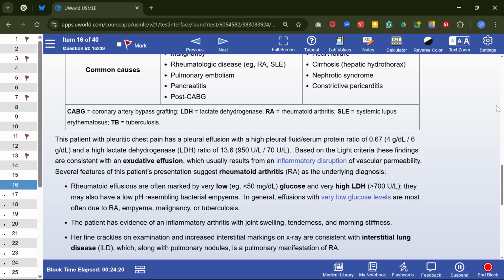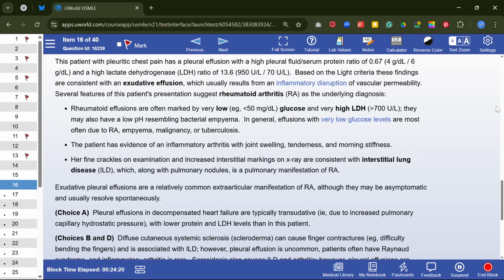The patient has evidence of an inflammatory arthritis: joint swelling, tenderness, and morning stiffness. Her lung crackles on examination and increased interstitial markings on X-ray are consistent with ILD, which along with pulmonary nodules is a pulmonary manifestation of RA. Exudative pleural effusions are commonly extraarticular manifestations of RA, although they may be asymptomatic and usually resolve spontaneously.